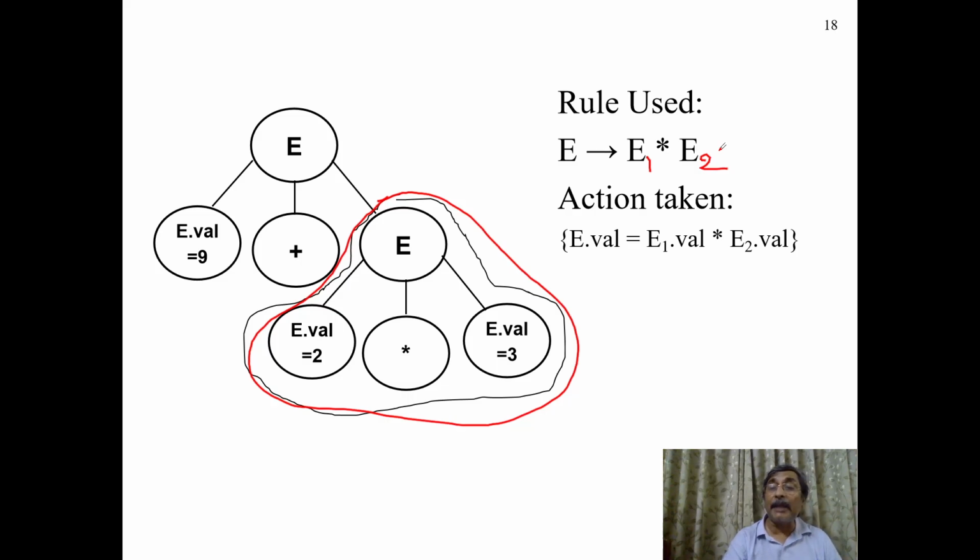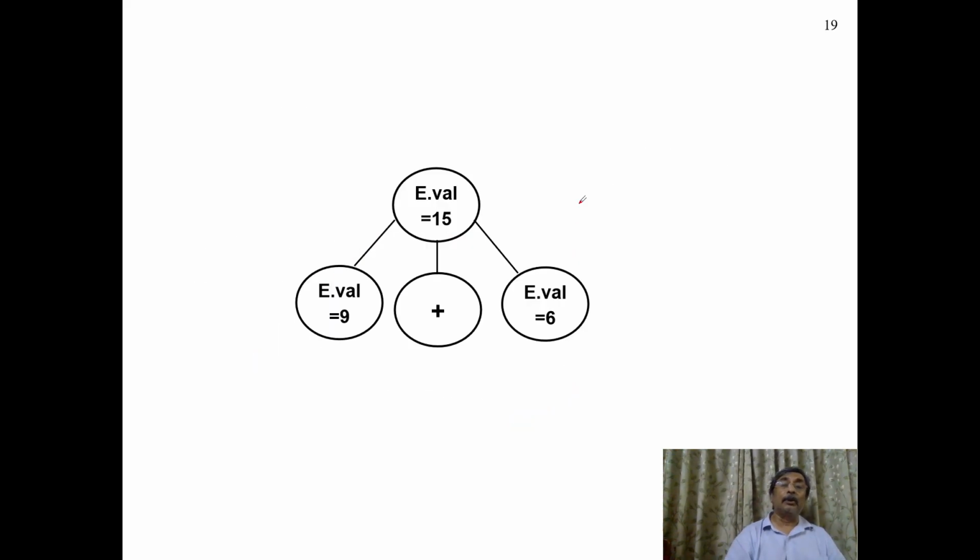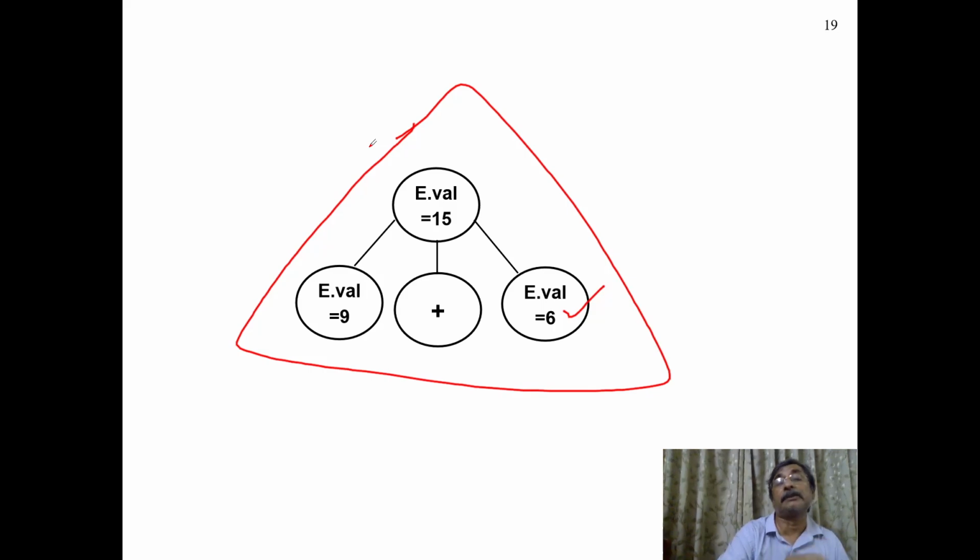And what is the semantic action that I need to take here? I have to put some value in this E. So what is this E dot val? Understandably, this E dot val is this value multiplied by this value, and exactly that has been written here. So once I execute that statement, I come to E dot val is equal to 6.